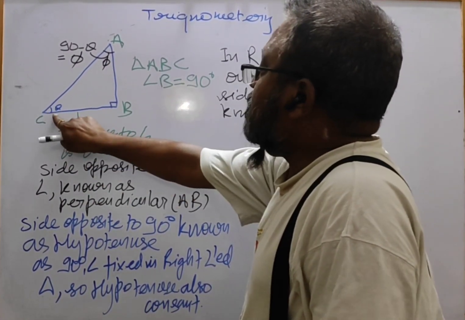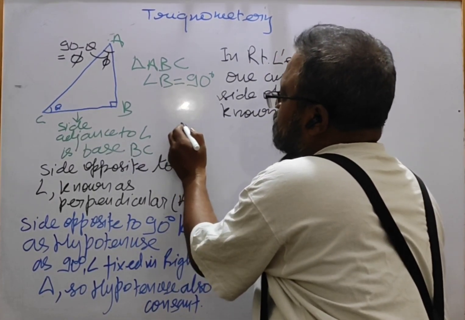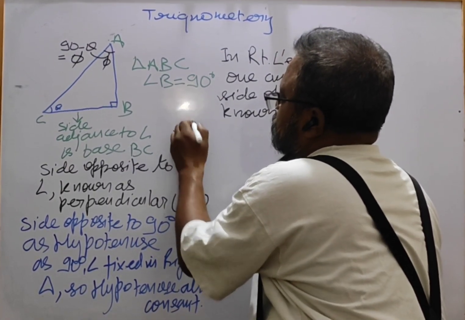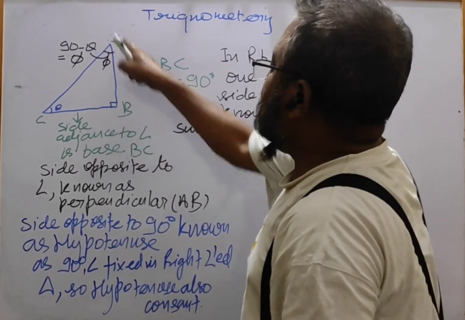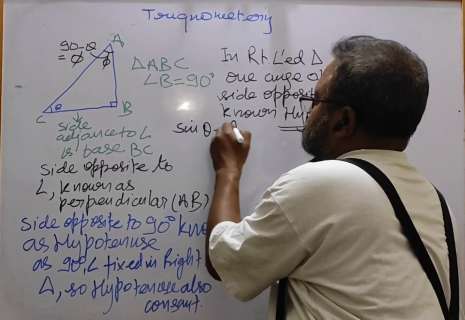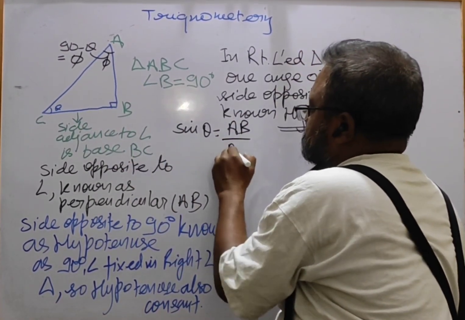When you consider this angle theta, so for sine theta, perpendicular is AB, hypotenuse is AC.